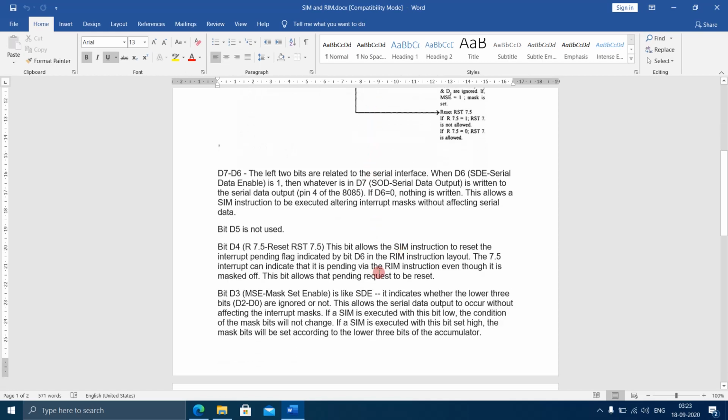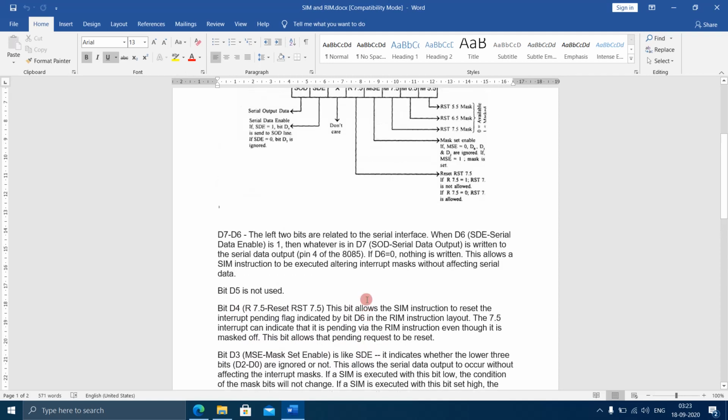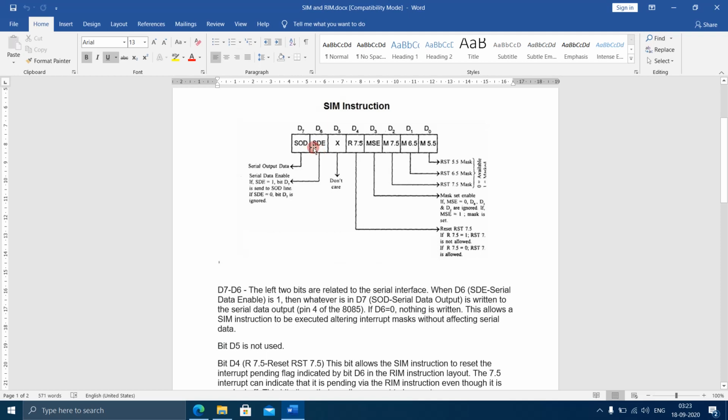Let's see what's written here. Bit D3, mask set enable, is like SDE. This SDE bit, when it is 1, then the bit at the D7 position will be given as output. If this is 0, then this bit will be ignored, which means the D7 bit will not be sent as an output.